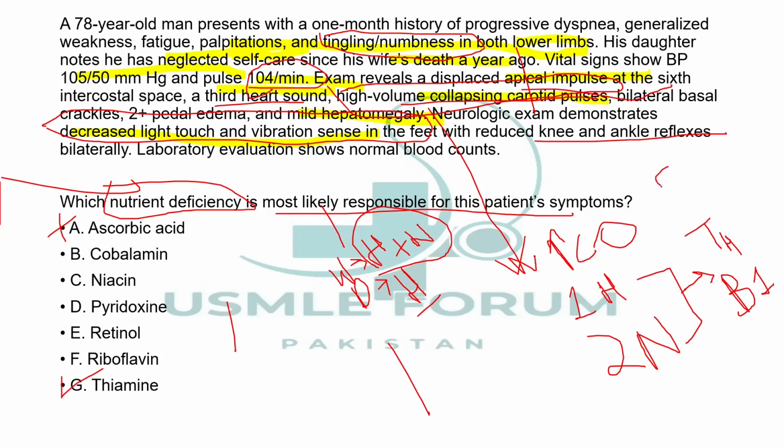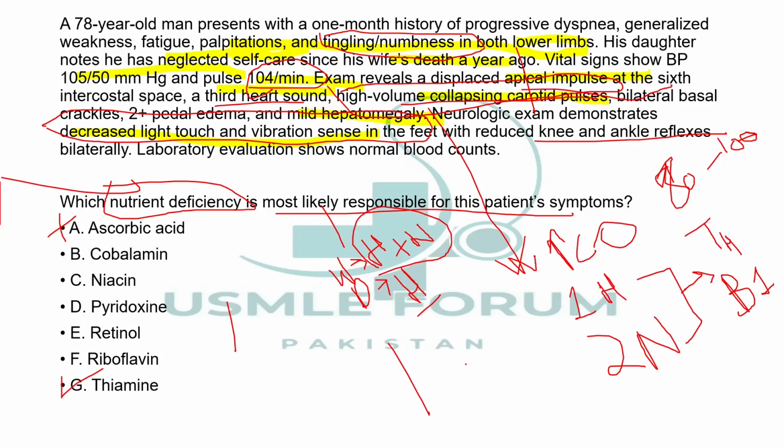The normal should be 80 to 100, but in this patient the pulse is above 100. The pulse is high, which means the heart is contracting and pumping more blood. The cardiac output is increasing, but the blood is not perfusing the tissues efficiently because of the thiamine deficiency and the vasodilation. That is why high output cardiac failure occurs in thiamine deficiency.